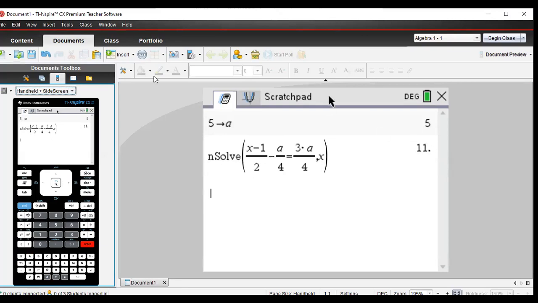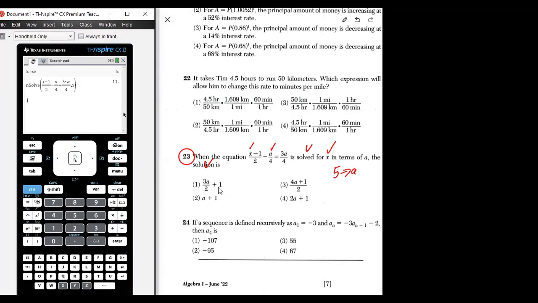So if we go back to the answer choices, we're just going to type these in and look for the one that gives us 11, and that's going to be the answer. I'm just going to do the first one, control divide: 3A over 2 plus 1. That's not it.